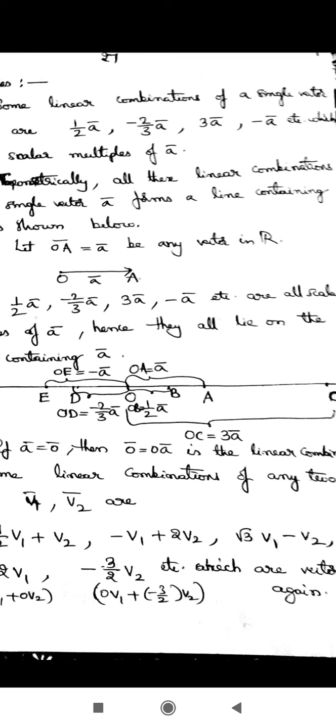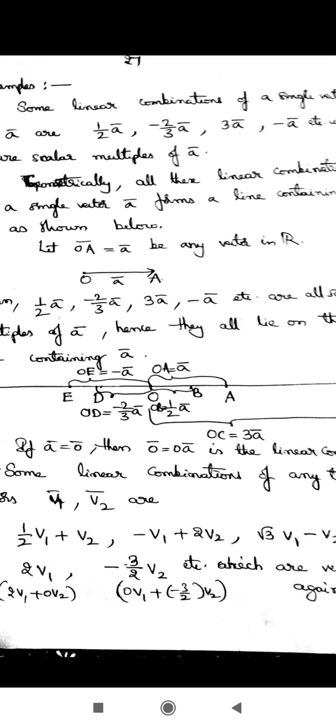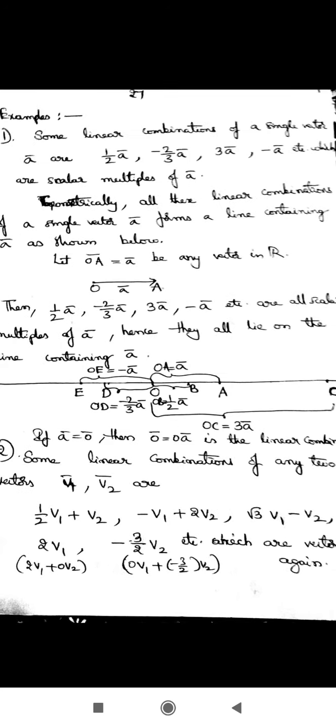Let us see now. Geometrically, all these linear combinations of a single vector a bar form a line containing a bar as shown below. See here, this is O a bar, and I am taking this vector in the set R, which we view as the vector space of real numbers particularly.